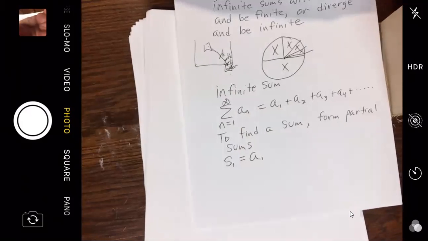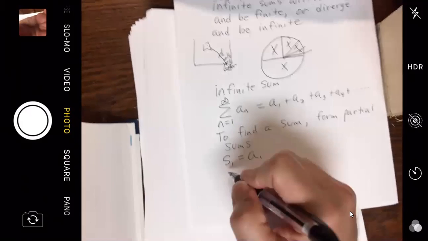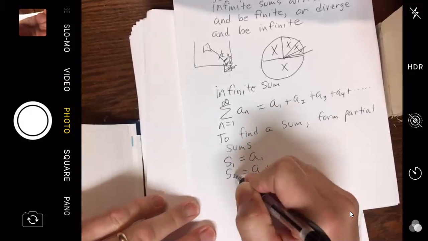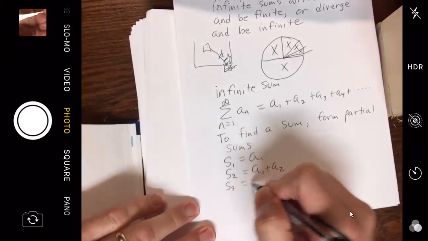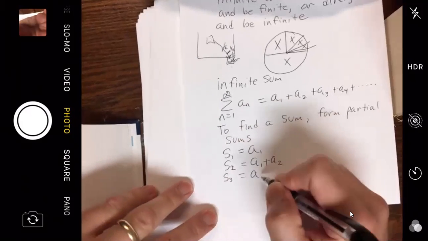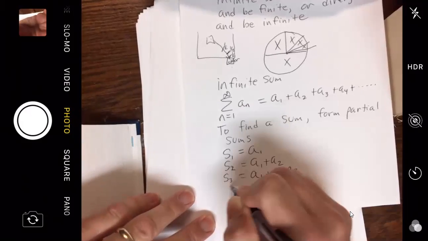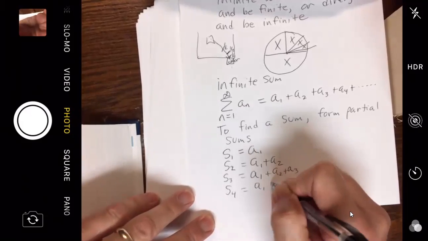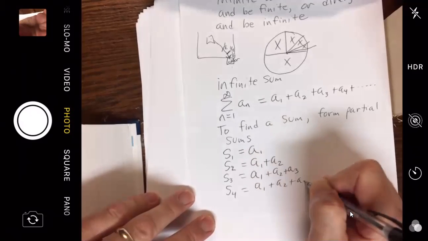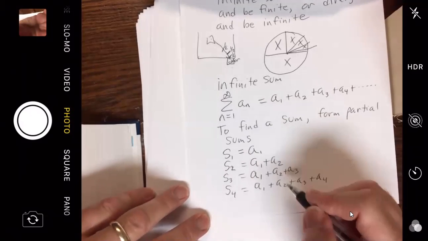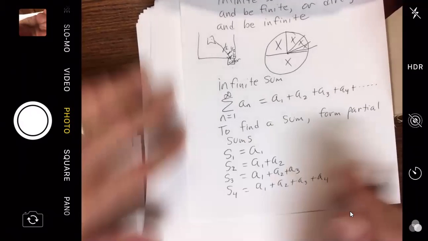S3, the sum of the first three terms. S2 is a1 plus a2. Third partial sum, each of these individually are finite. You just take the first three terms. S4, the first four terms individually.